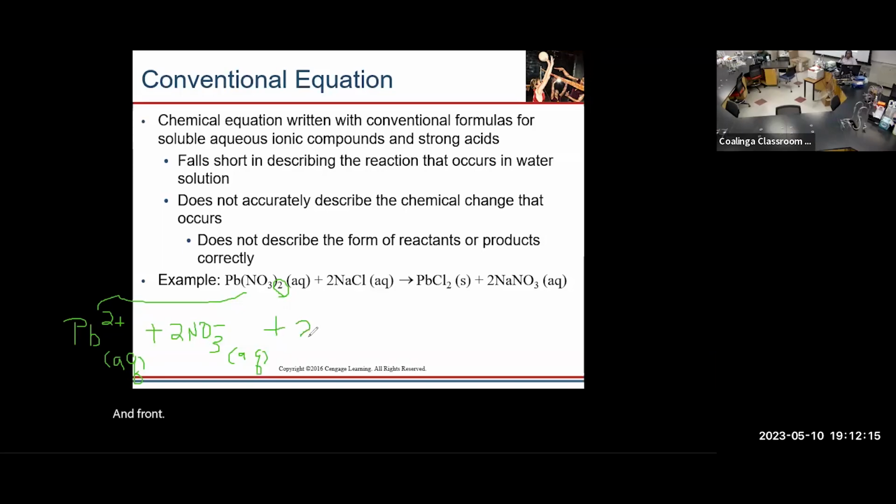Plus 2 sodium ions. Plus 2 Cl minus ions.